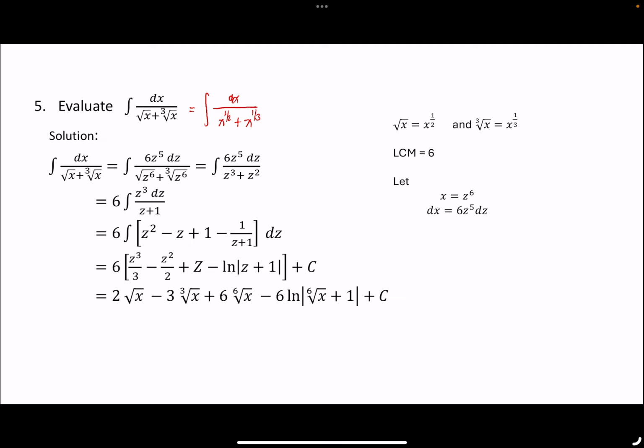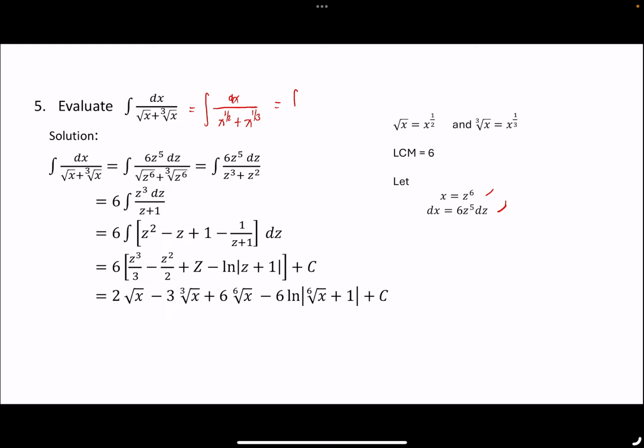So what we do is to find the LCM of 2 and 3, and that is 6. So that would be the power of our substitution term. So x is z raised to 6, such that when we differentiate it, dx, we have 6z to the 5th dz. So we plug it in to our equation.